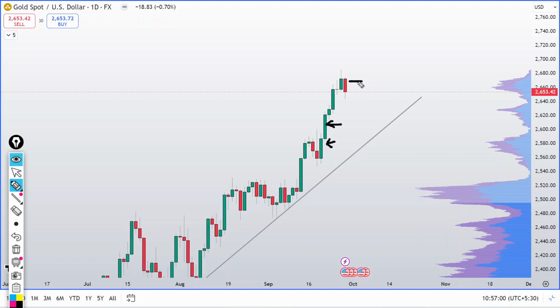But on the Friday trading session, if we check the price action, you can see that the Friday session closed under the previous day low.